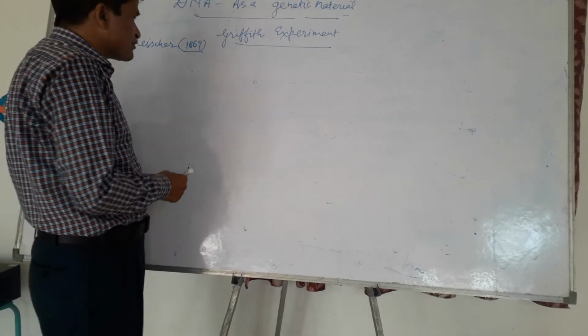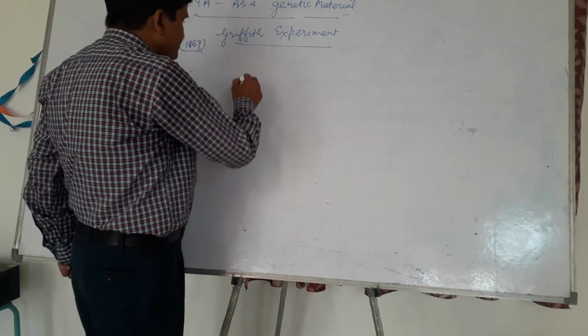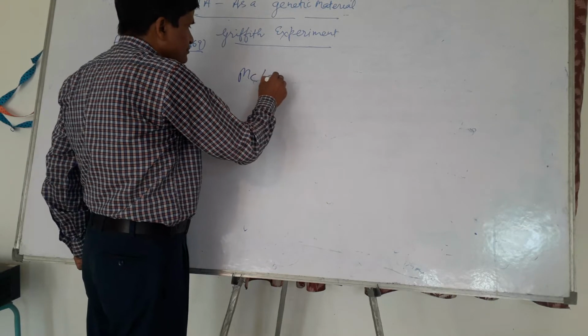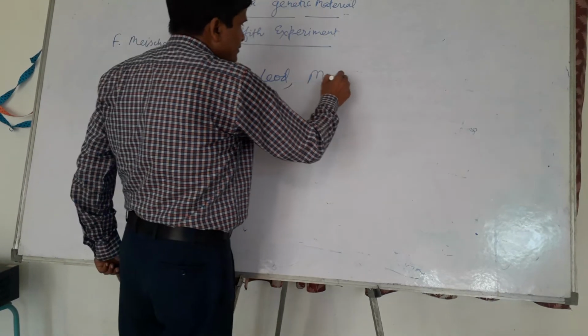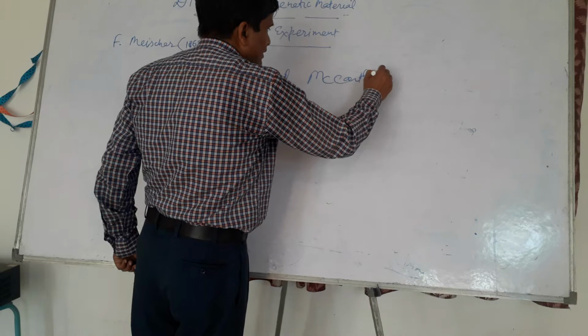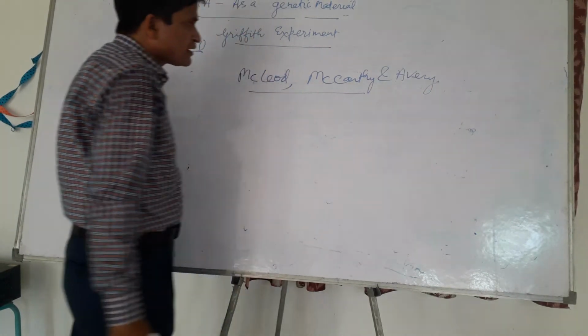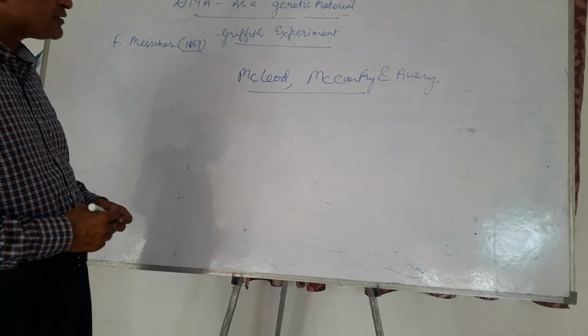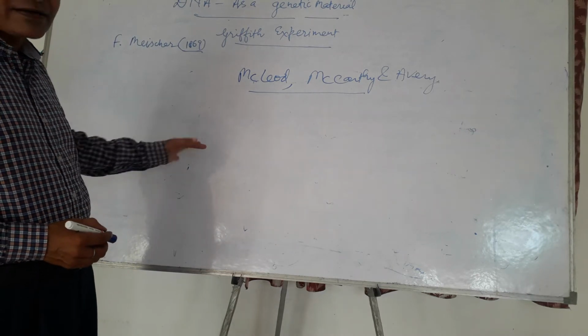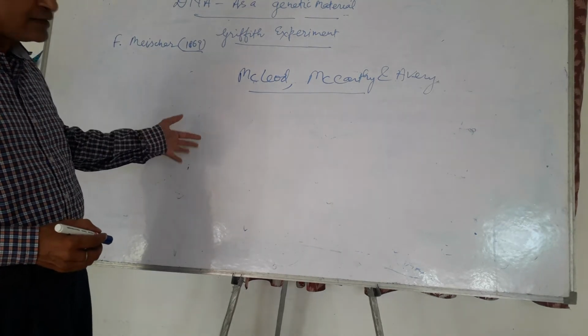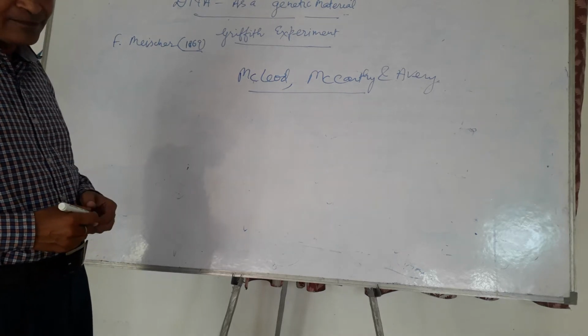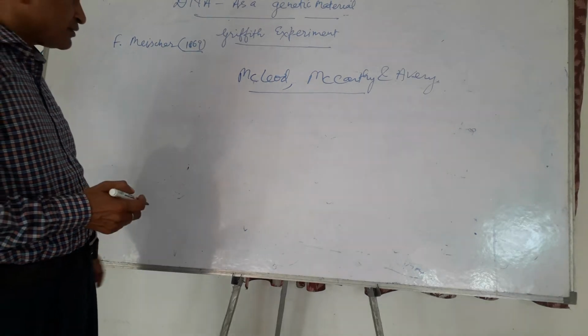So this experiment was further extended by MacLeod, McCarthy and Avery. They extended the Griffith experiment to identify the factor which was responsible for the transformation of R-type into S-type.